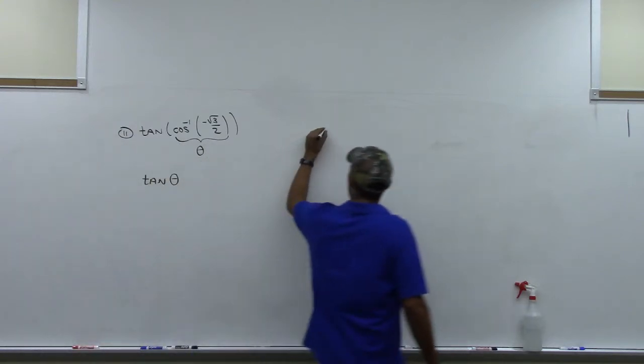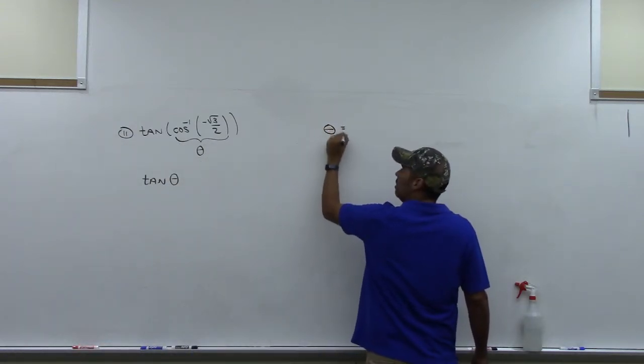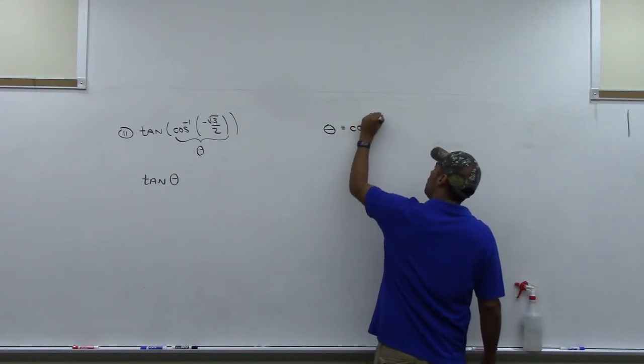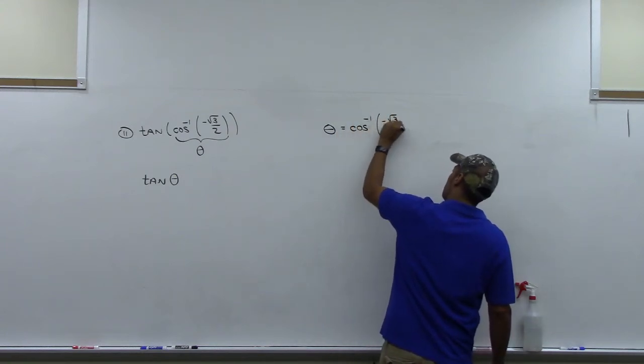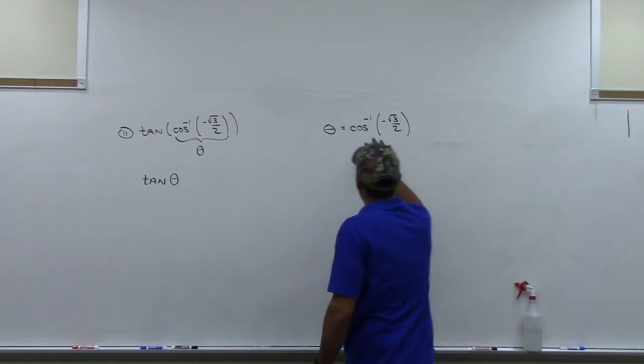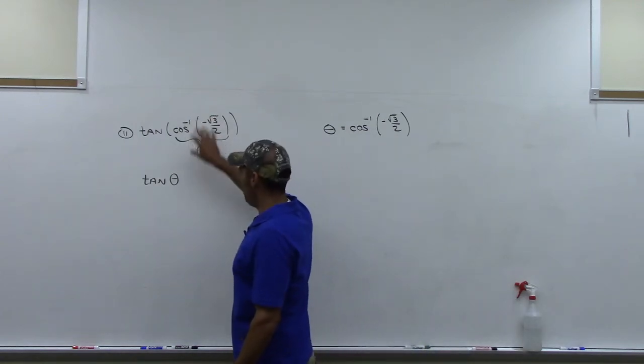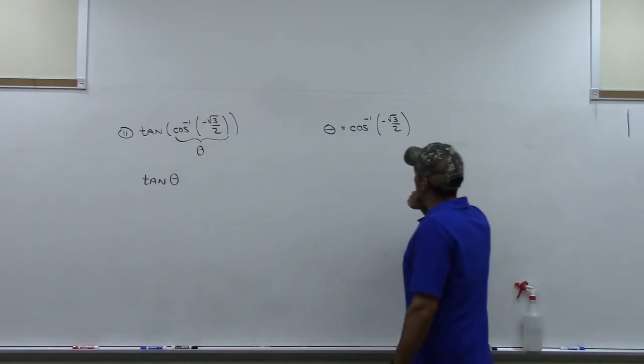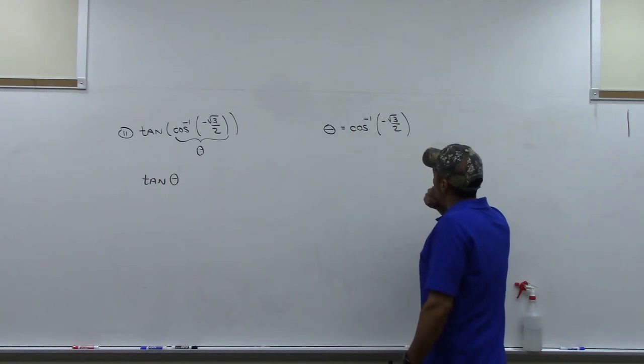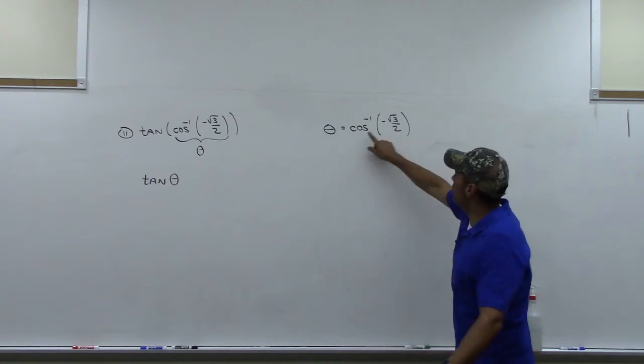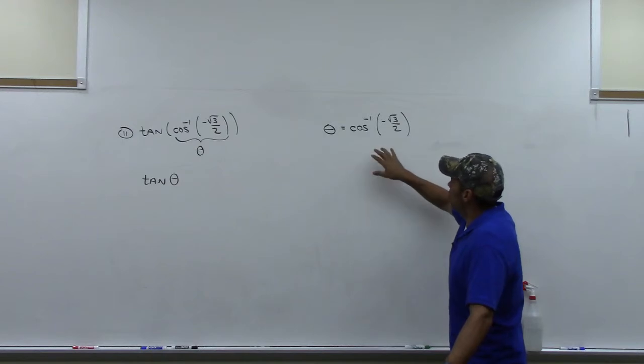Then I come over here and write down that theta is arc cosine of negative root 3 over 2, just because I called this theta. I chose to do that. Now, as long as this is in the domain of the arc cosine, I should be able to determine what the angle is.